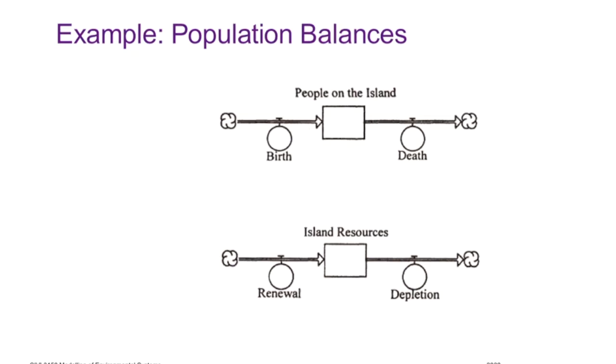So let's imagine that we have an island and we want to follow the stock, which in this case is the people on the island. Clearly, we can think about many inflows and outflows that can affect the number of people on the island, right?